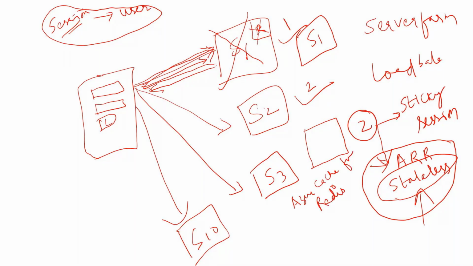The application is hosted in all servers, right? The application will know about this Redis cache. Here all the session information is stored for all the users. Now this is dedicated, it has dedicated memory.